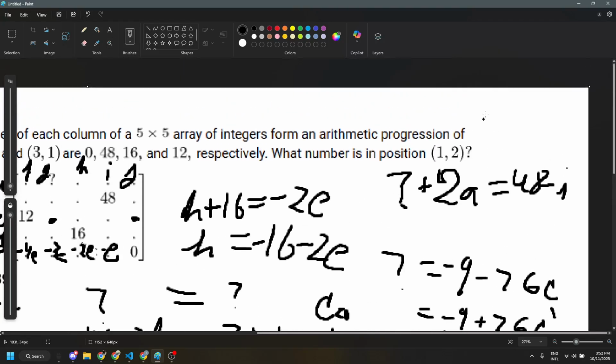Let's say c is a fraction. 76 is divisible by 2 times 38, which is equal to 2 squared times 19. Yeah, 19, okay.